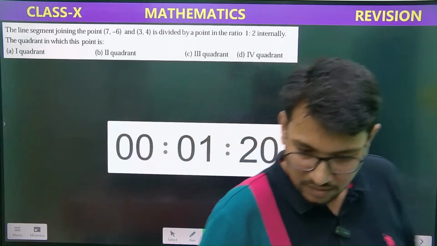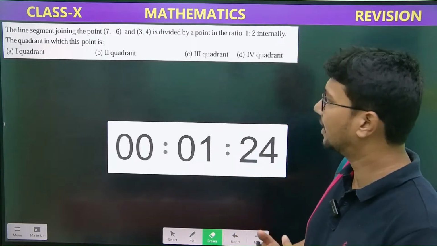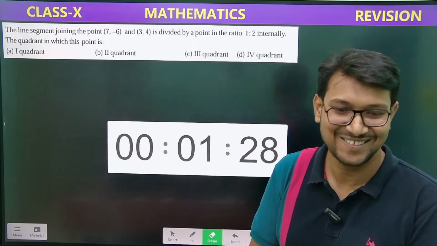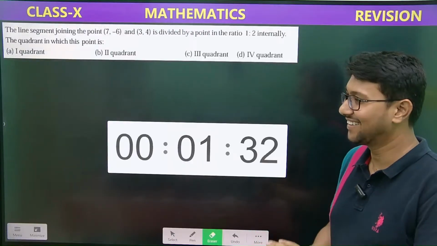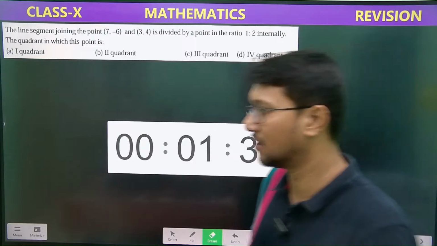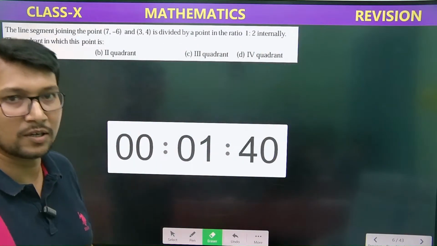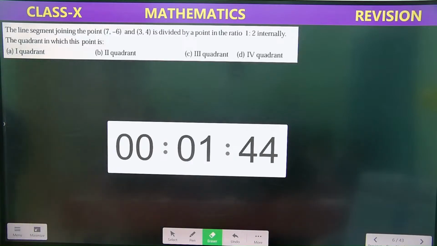Which quadrant? First. Third. Second. Fourth. Fifth. Is it fifth? Okay, there is no fifth quadrant, right? Okay, finish. Fourth quadrant.